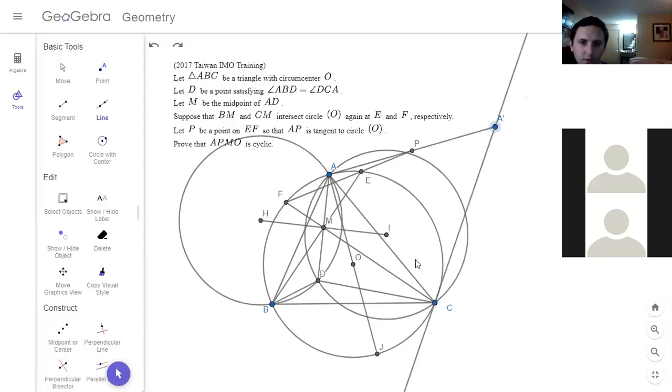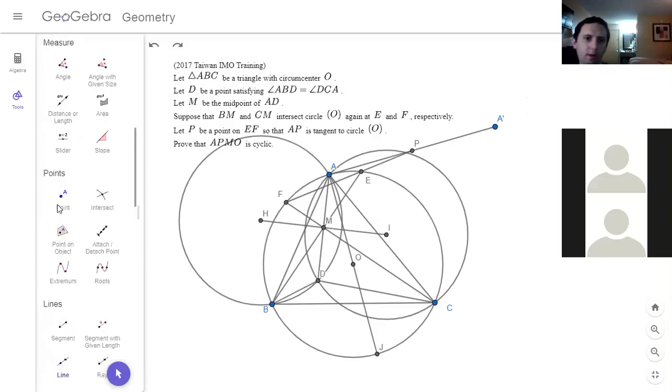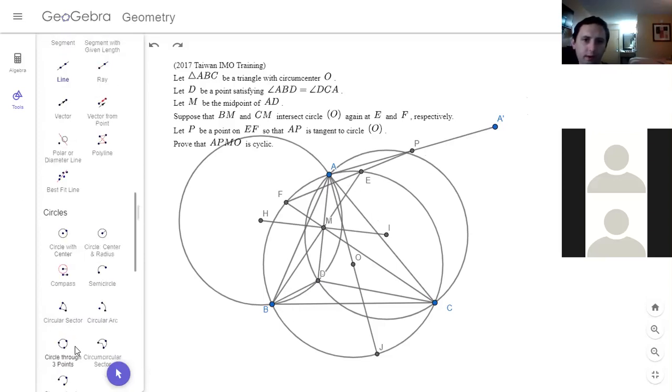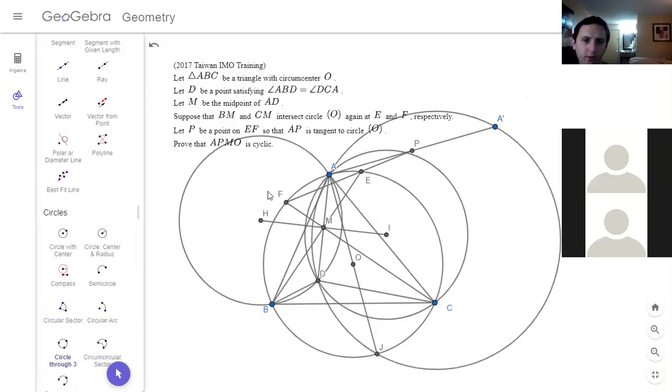It's not that easy. But what would the circumcenter be? Let me draw. If it was cyclic, then the circumcenter would lie on HI, right?